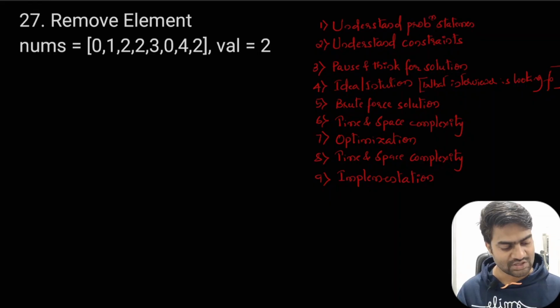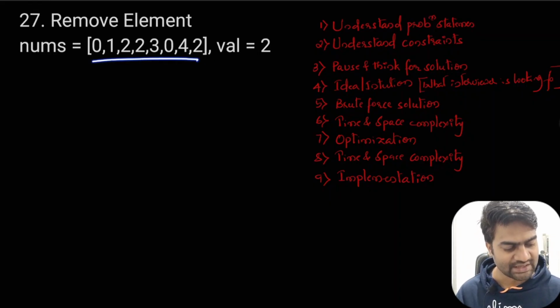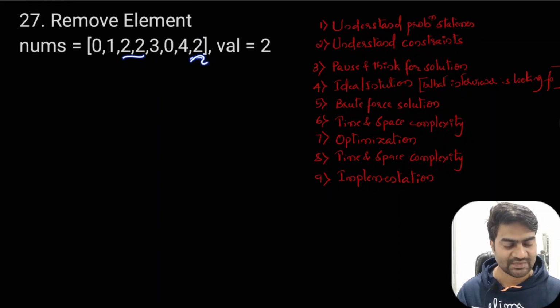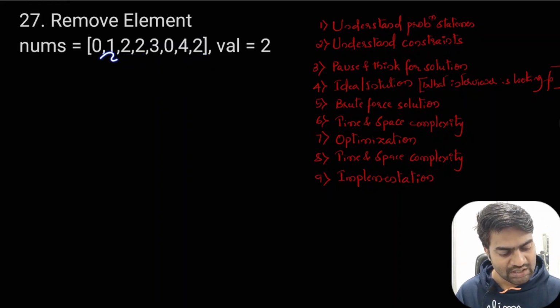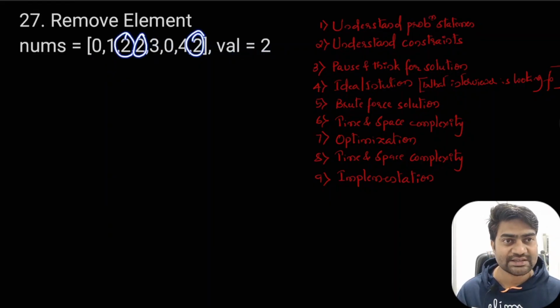Now what they are expecting: we have been given this particular array and this particular value, which is val equal to 2 in this case. If you see, it contains 2 three times. The overall length of this array is 8, and the number of occurrences of 2 is 3.